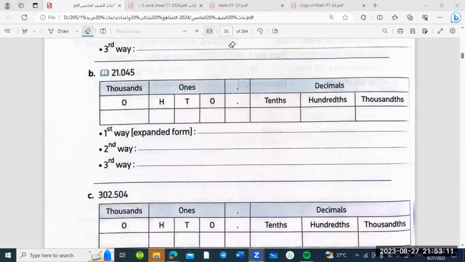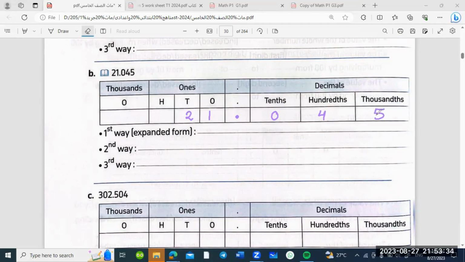21.045. Yes. First, 21: 2 in tens and 1 in ones. Now the decimal point. And 0 in tenths, 4 in hundredths and 5 in thousandths.